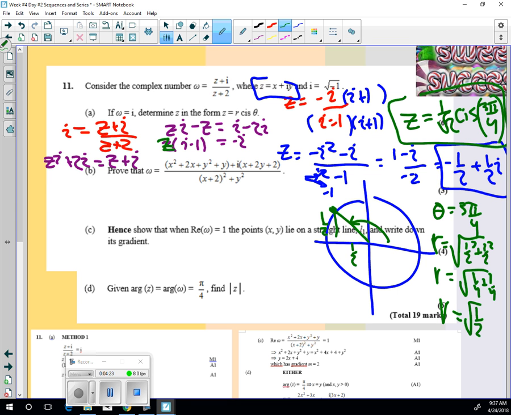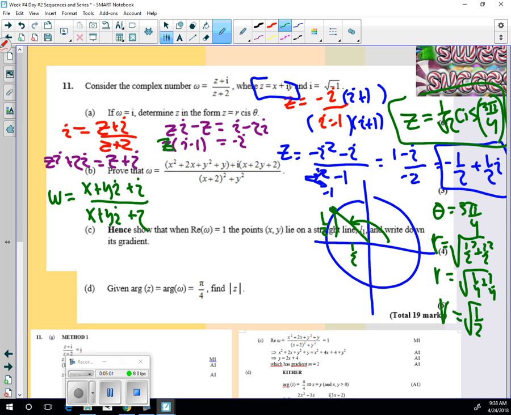So what we're going to do is go W, and that's going to be equal to z, which is x plus yi, plus i, over x plus yi plus 2. So I'm just doing what they're doing here.